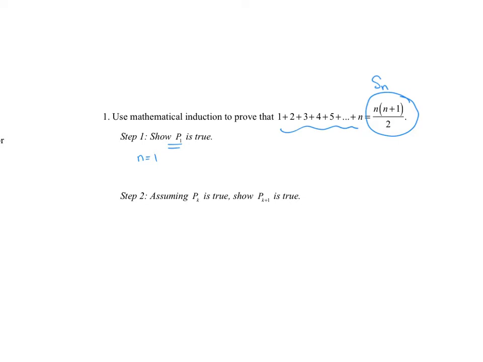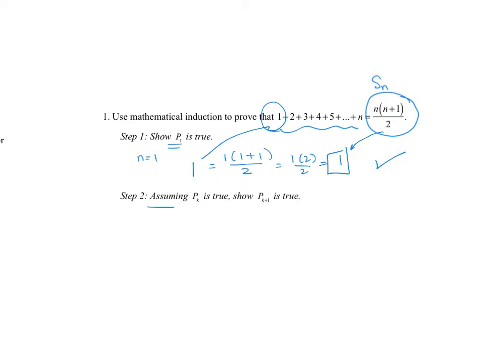So if n equals 1, we're going to get 1 times 1 plus 1 over 2, and that is equal to 1 times 2 over 2, which is 1. So using the formula, we got 1. But on the left side, we know that the sum of the first term is 1. So we've shown that it's true for P1.